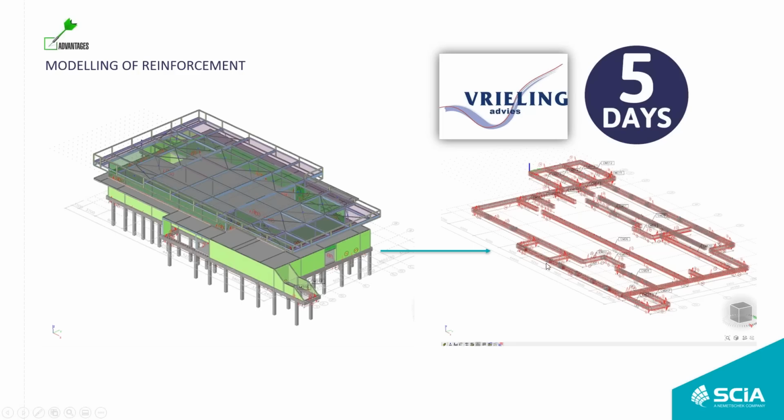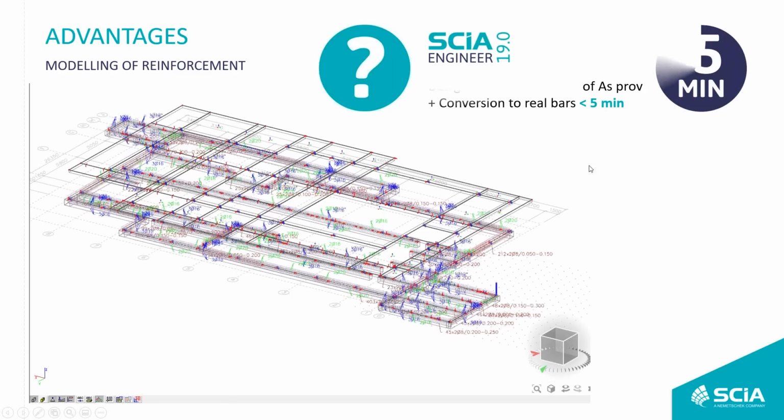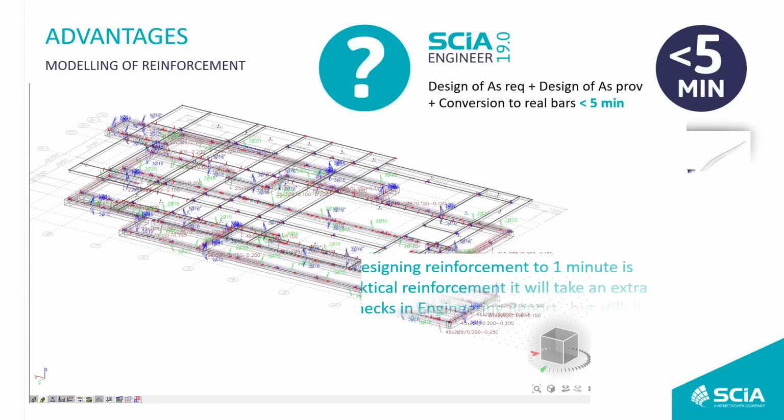And he told me that he spent 5 days to organize all those rebars like that and play with the spacing. Then I decided to use version 19 to do the same automatically. What I did, in fact, I spent only 5 minutes to get the same result.